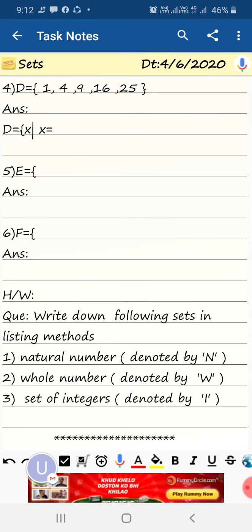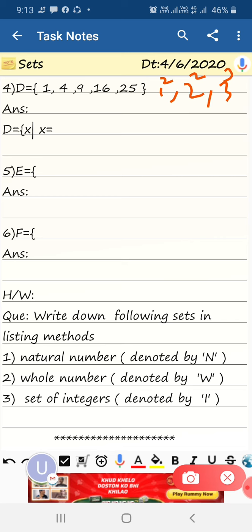Now we will see the next example, 1, 4, 9, 16 and 25. What are these? This is nothing but the squares: 1 square is 1, then 2 square, and then 3 square, like that.